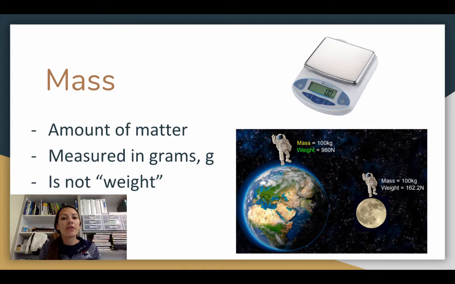On Earth, you might have one weight, and on the moon, you'd have a different weight. But for mass, you're going to be made up of the same number of atoms in both places. You'll have the same mass. We measure mass on an electronic balance, which you can see in the top photo there.